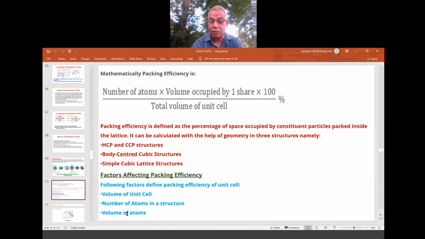So we don't learn the packing efficiency of everything. We learn only the packing efficiency of certain structures. Especially for SCP we learn, and CCP we learn, and body centered cubic structure or simple cubic lattice. So these three we learn, how closely they pack.